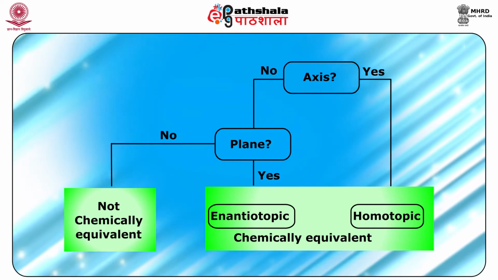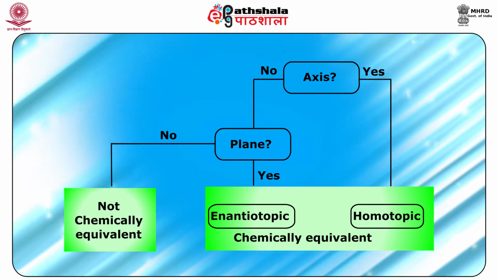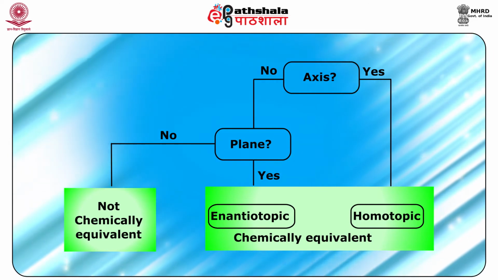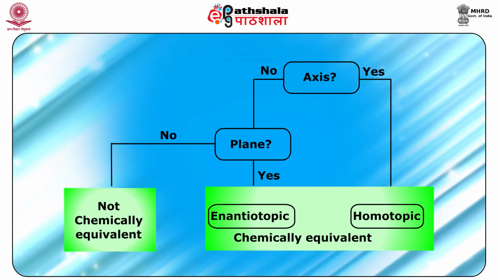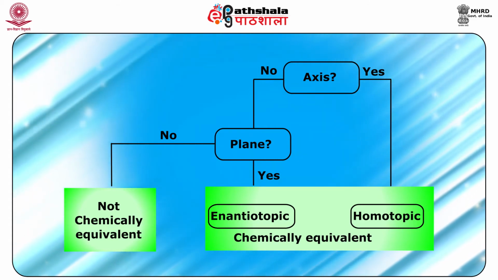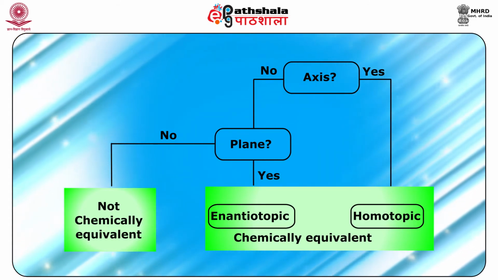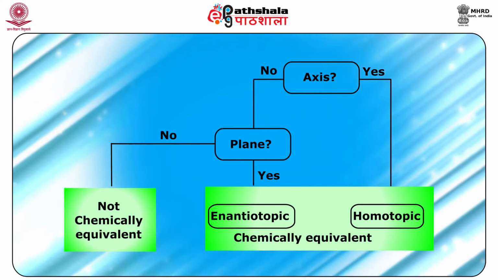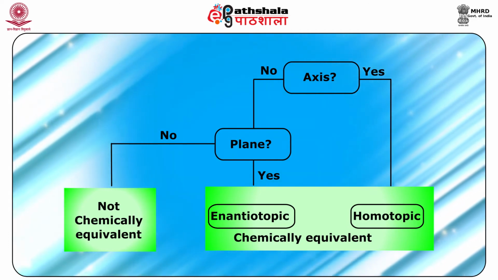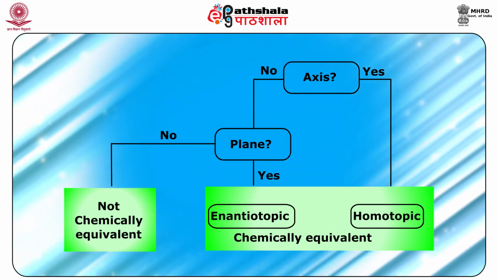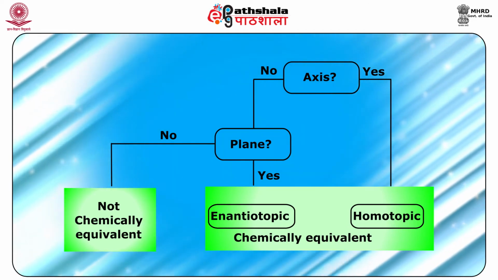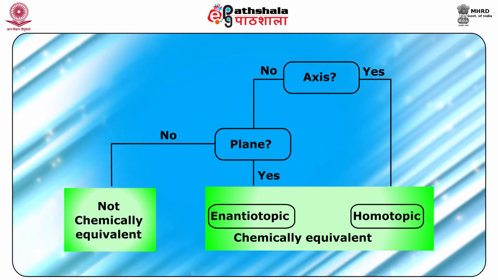If there is a plane of symmetry, then the protons are enantiotopic. Now, by following this particular table and flow chart, you can see whether the protons are enantiotopic, homotopic or diastereotopic, and decide on your own whether it has a reflection symmetry or rotational axis of symmetry, and you can decide which proton is homotopic, enantiotopic and diastereotopic.